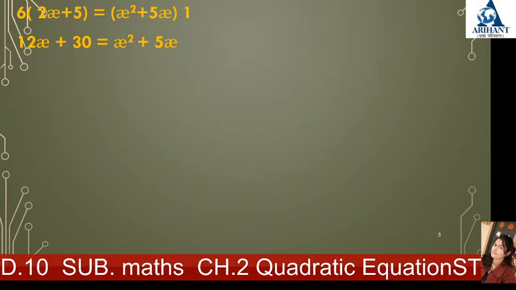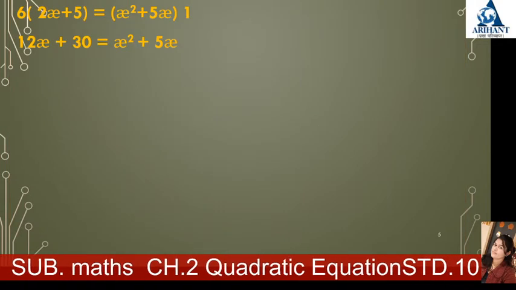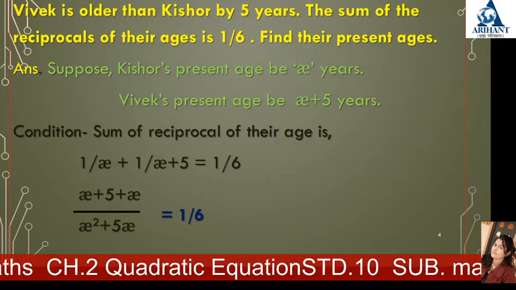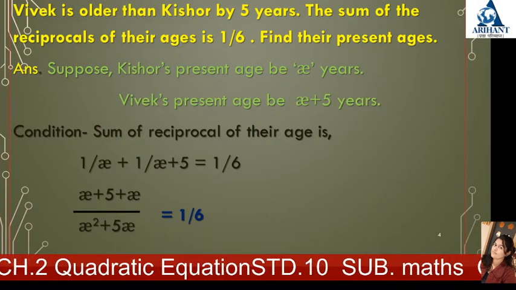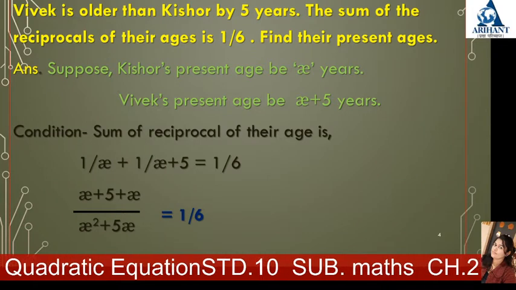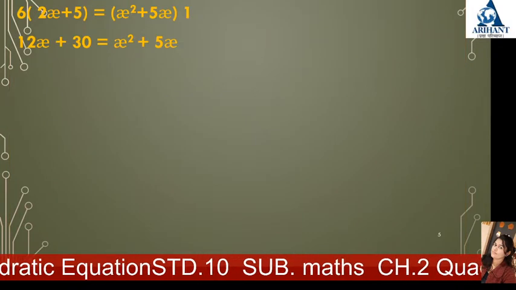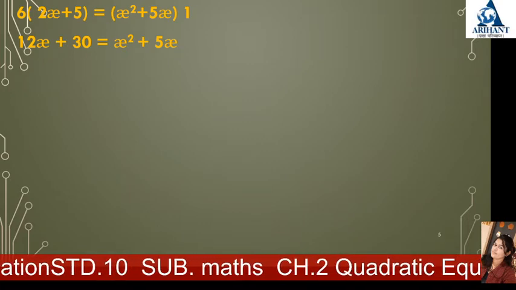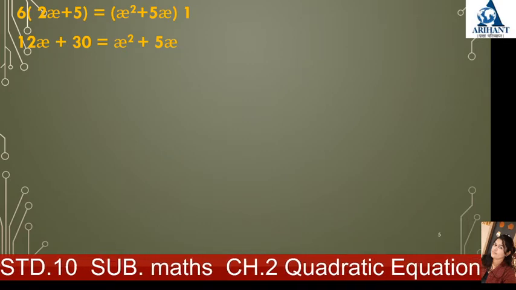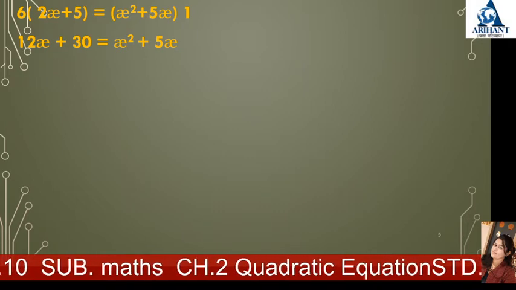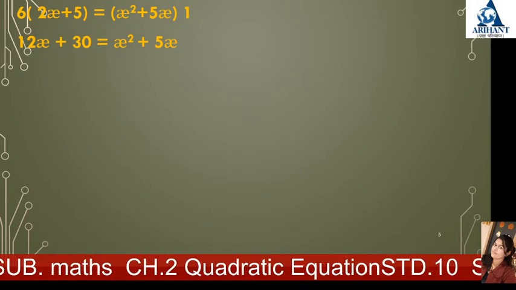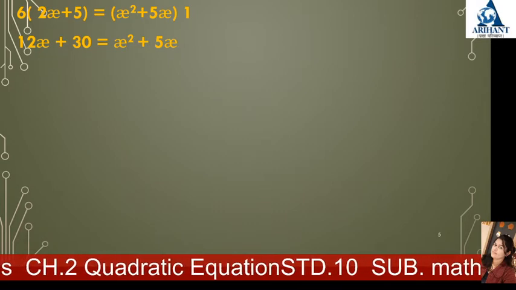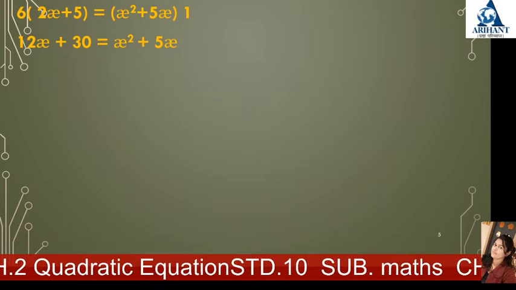Then next, what we did, we take cross multiplication of both sides, left and right. So 6 into bracket 2x plus 5, that is equal to x square plus 5x into 1. Then 12x plus 30 is equal to x square plus 5x.